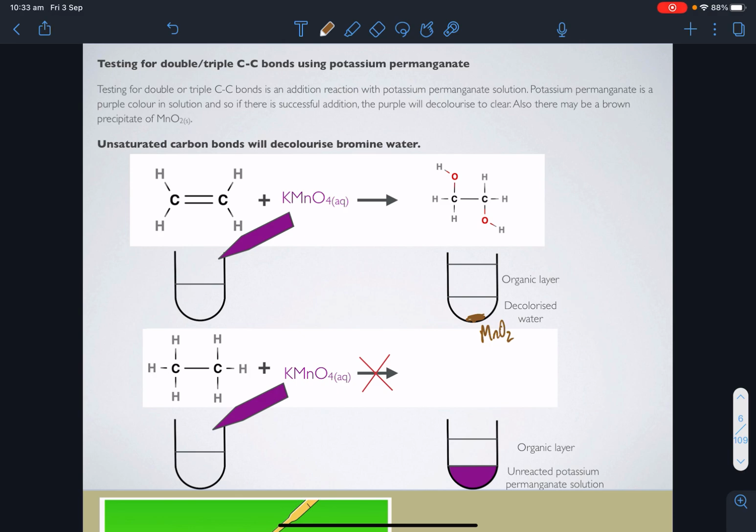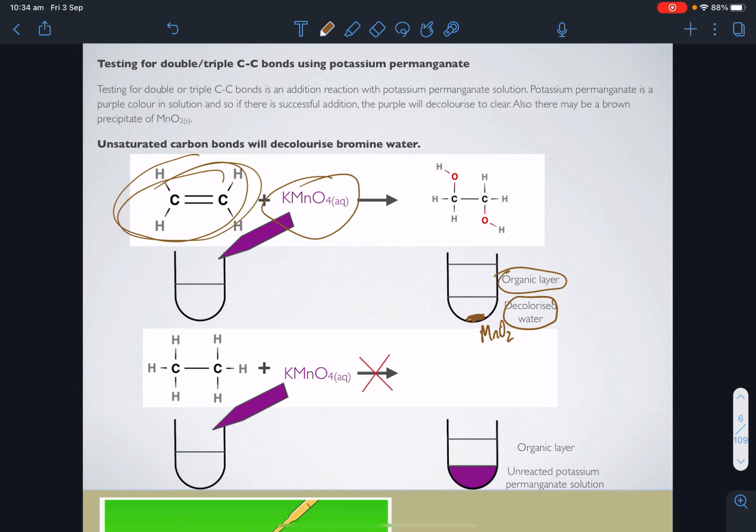Here we've got our double or triple bond, we drop the purple into it, and we see the purple disappear. We still get the two immiscible layers: the organic layer that has your organic compound in, and the aqueous layer that originated with the permanganate solution. And you'll get the brown there.